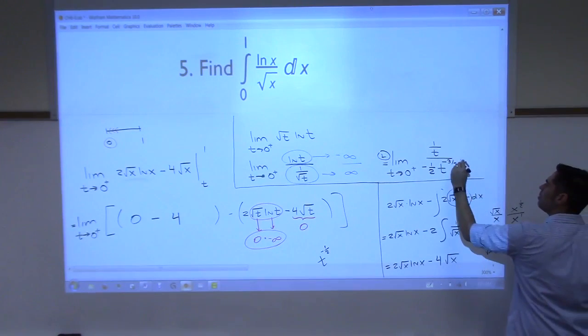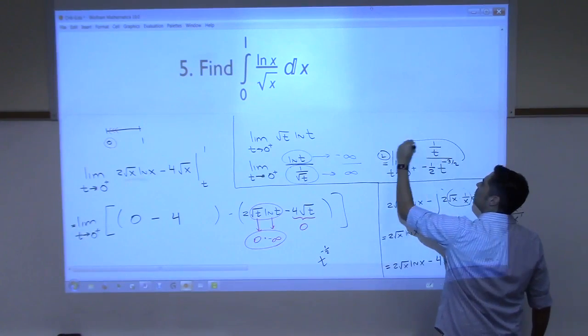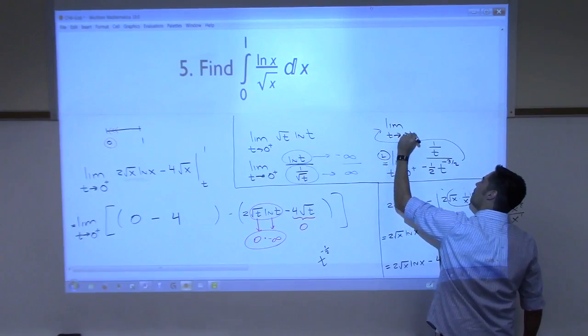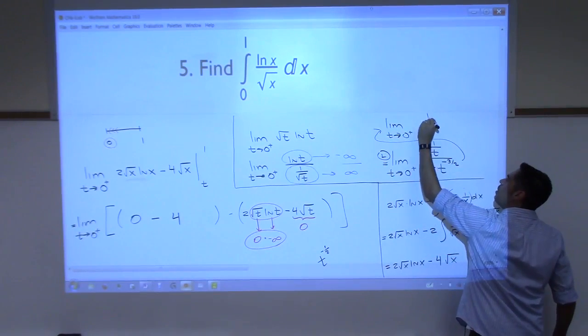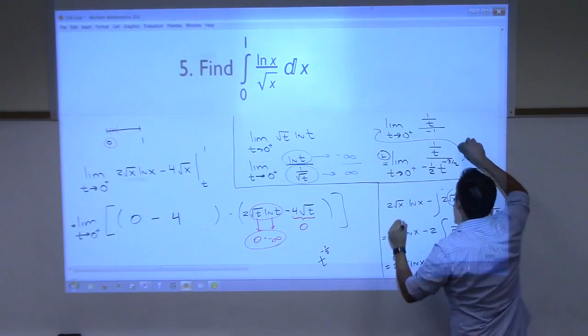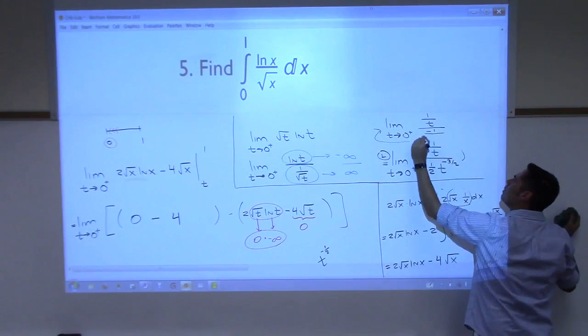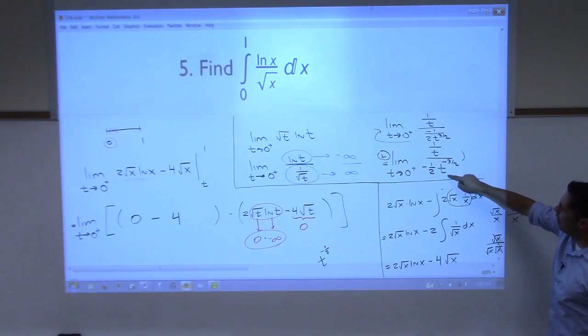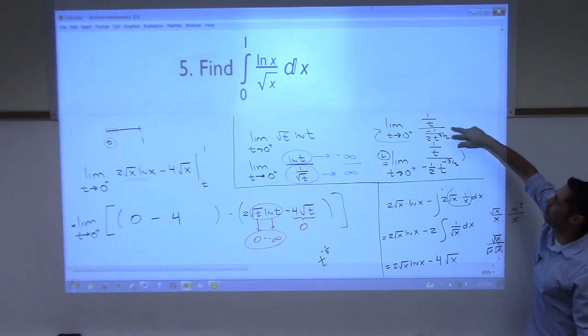But that's equal to the limit as t goes to 0 from the right. How about this? 1 over t over negative 1 over 2t to the 3/2. So I'm just dropping that down with the 2, and then I'm going to flip and multiply.